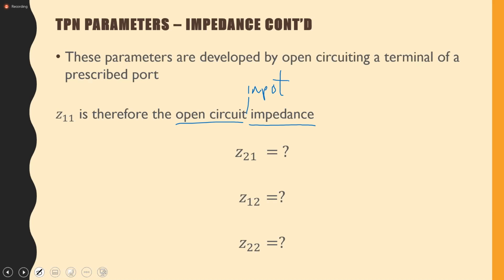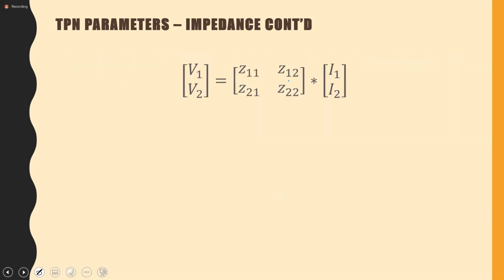So let us see how we now go about determining these parameters. All right. As before, of course, we can write them as a matrix. Right? So we have V1, V2, Z11, Z12, and so on, with I1 and I2. Again, remember, the matrix is uppercase Z. Yes.